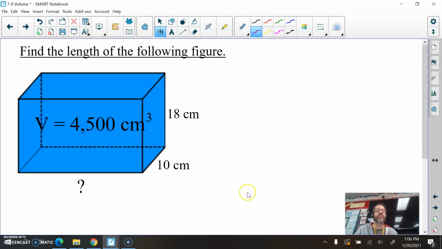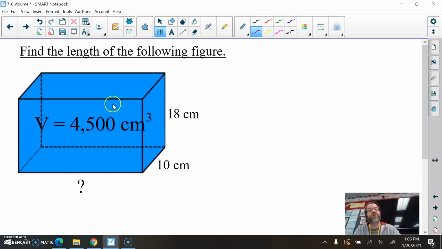Let's look at one more example here, and you'll notice this one's a little bit different. We do have a rectangular prism, and since it's a rectangular prism, we can think of the base as being the bottom. That's fine because all the faces are rectangles. Why not just call the base the bottom in this figure? But now we're missing a measurement. We're missing the length. We have the width, we have the height.